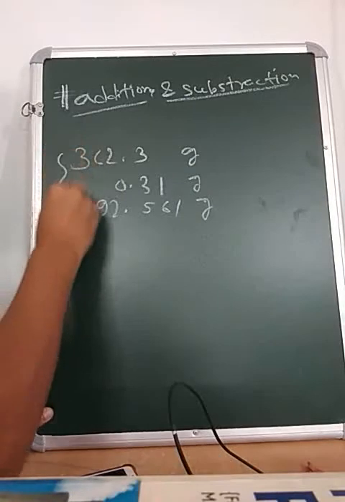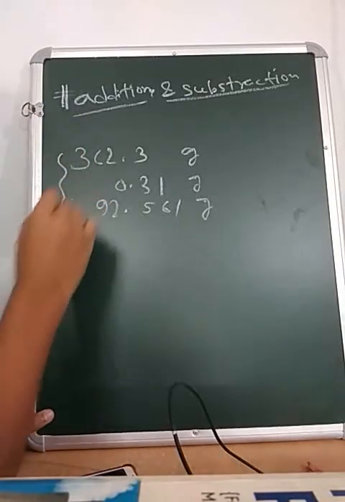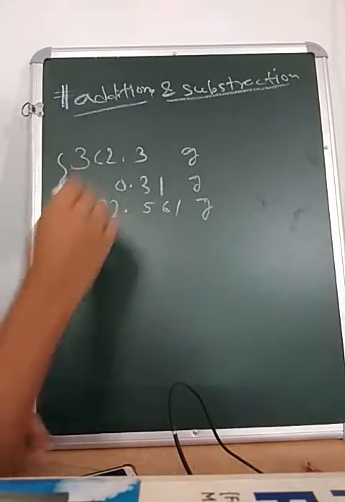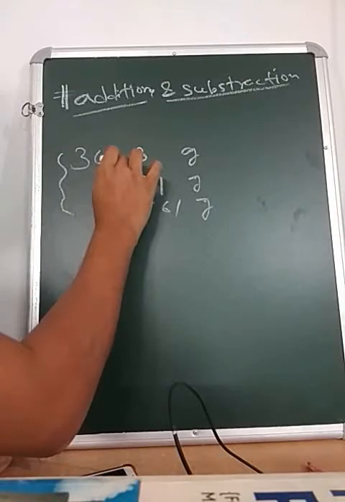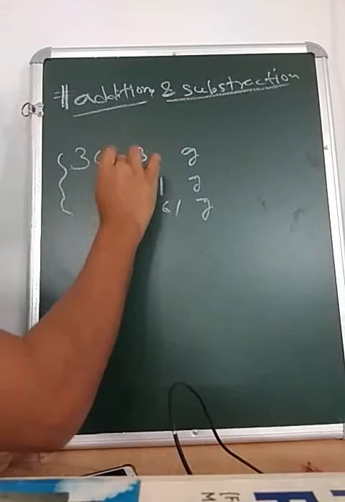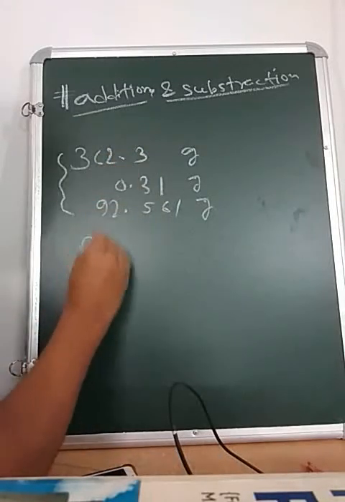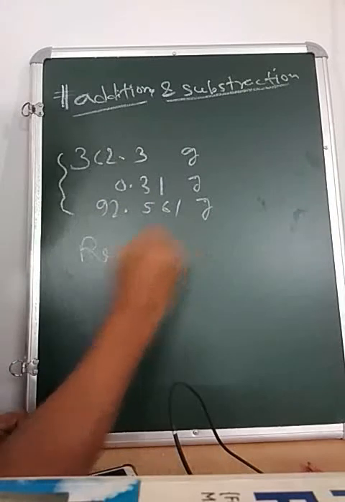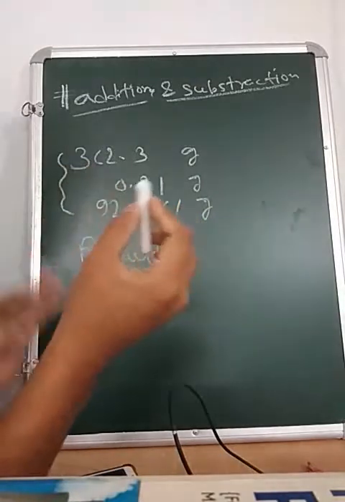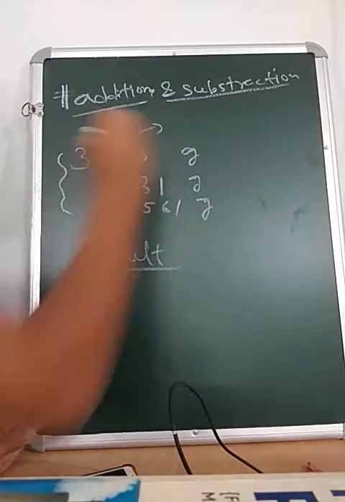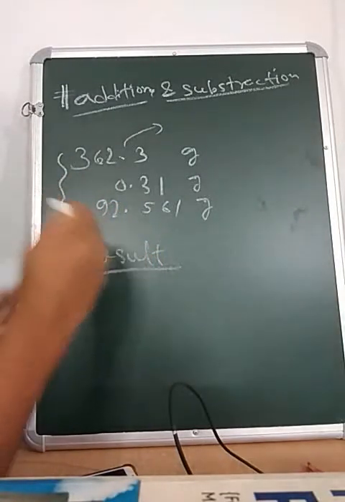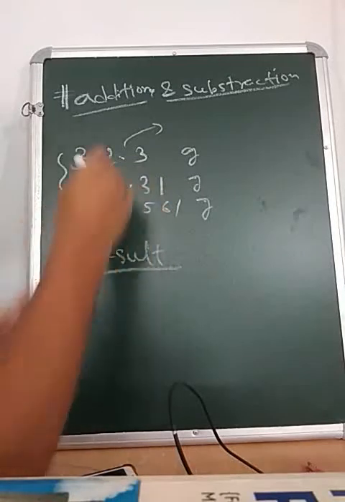Suppose we have to perform an arithmetic operation on these result values. Here, the main thing we have to notice is that the result we get cannot be more precise than the least precise value.